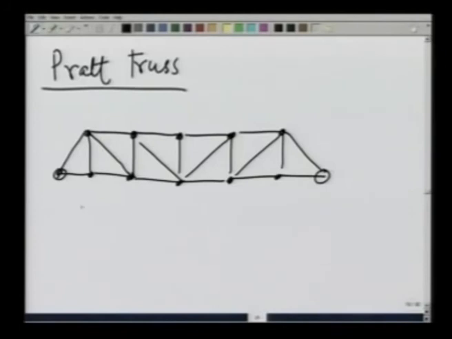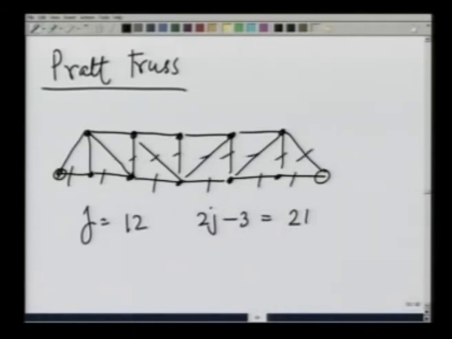Let us see the number of joints here are 1, 2, 3, 4, 5, 6, 7, 8, 9, 10, 11, 12. So, 2j minus 3 is 21. Number of members is 1, 2, 3, 4, 5, 6, 7, 8, 9, 10, 11, 12, 13, 14, 15, 16, 17, 18, 19, 20, 21. So, this is a statically determinate truss and capable of remaining in equilibrium.